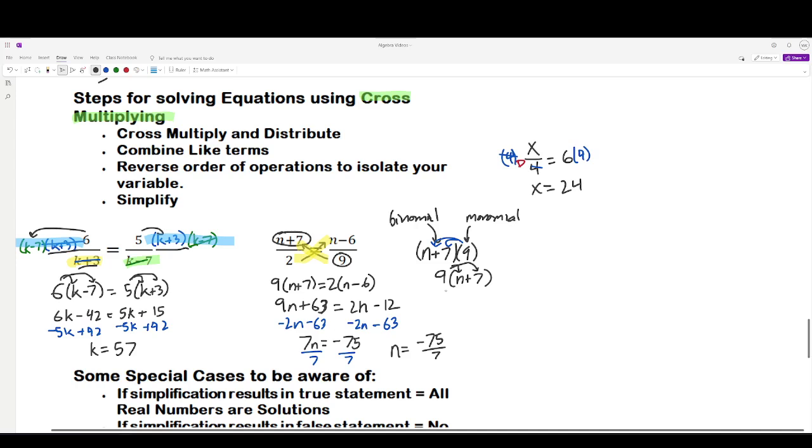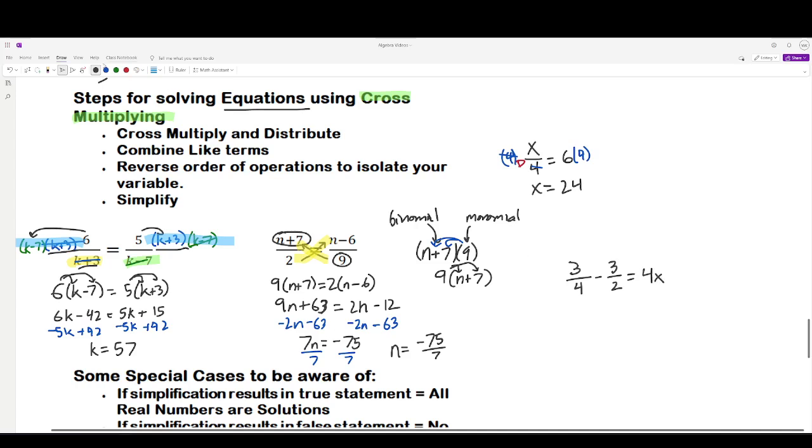It's nothing really special, but it is kind of new to see denominators on both sides and have to deal with that. Keep in mind that this has to be an equation, and it has to be across an equal sign. So the most common mistake made with cross-multiplying is trying to use it on the same side of the equation. So if you had something like 3/4 minus 3/2 is equal to 4x.